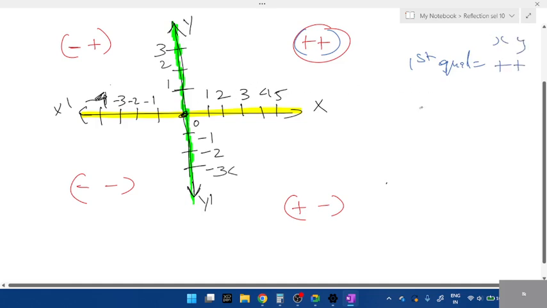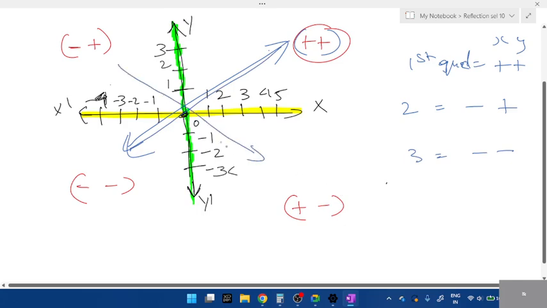Second quadrant, what about second? See, I'll teach a trick to remember this. First quadrant and third quadrant are opposite, right? So look at the sign, students. Both are positive. For the third quadrant, both will be negative. In the same way, second and fourth quadrant.